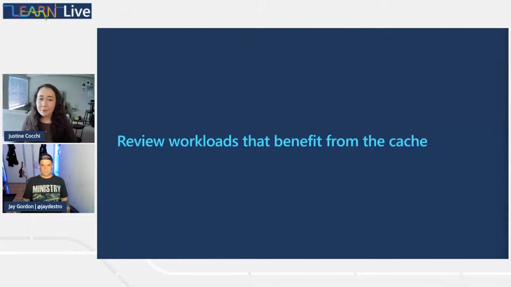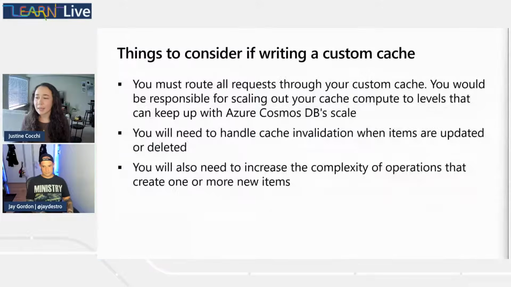And now let's review some of the workloads that can actually benefit from the cache. But before we do that, let's think back. We were talking about, what if I didn't want to use the integrated cache? What if I wanted to write a custom cache or use Redis or something like that? So what would that actually entail? You would have to make sure that all of your requests are actually routed through your custom cache.